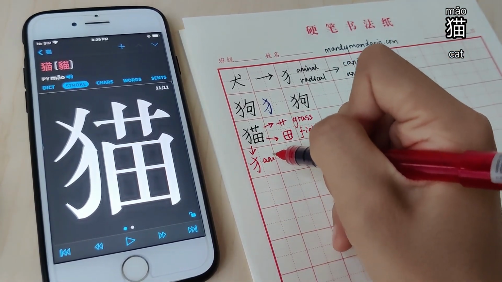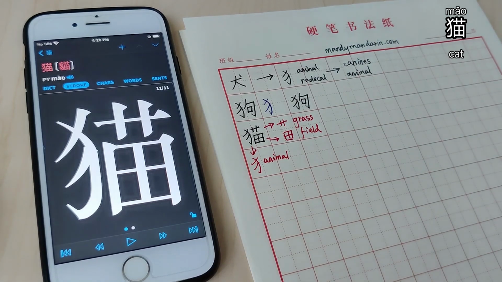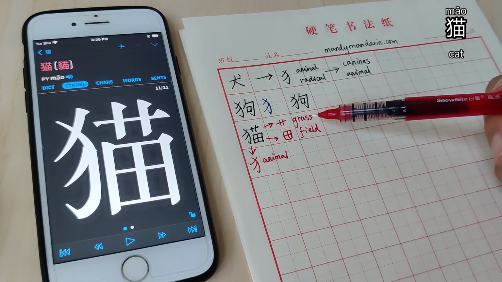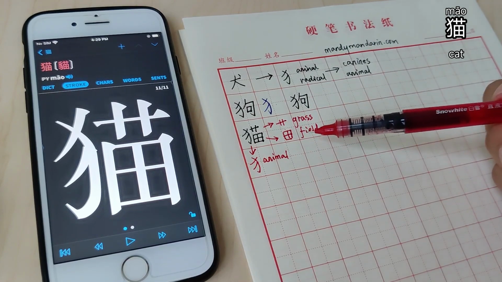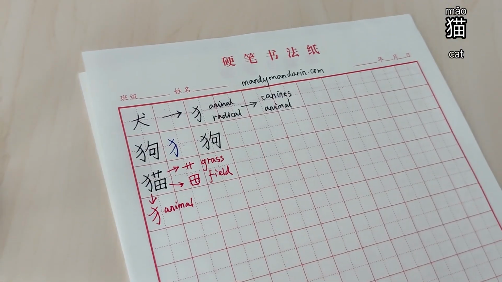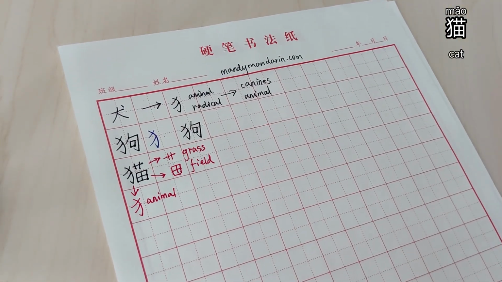So we have a made-up story, okay? The animal likes to play in the grass and in the field, so that would be the cat. Now let's try to write the 猫 one more time.